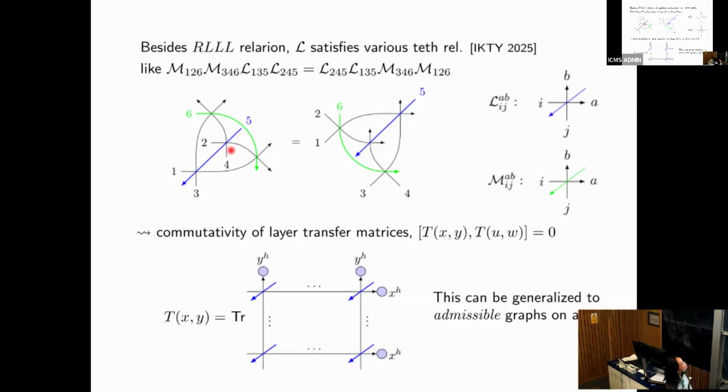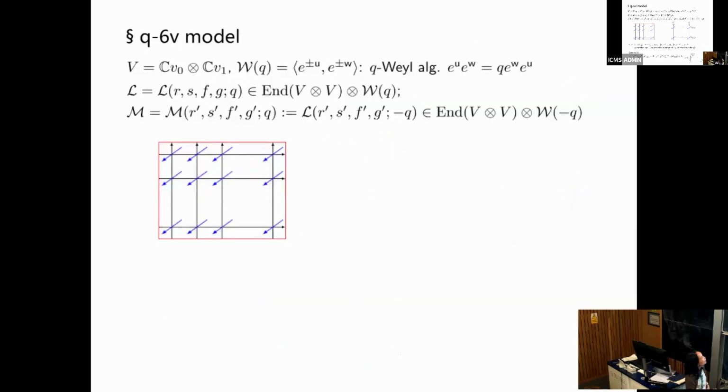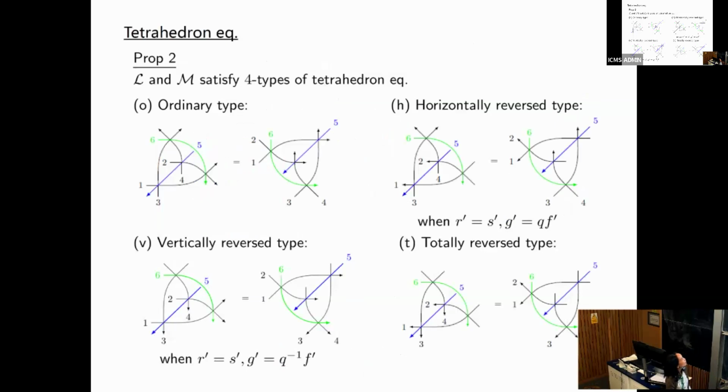So all arrows are outgoing. So 1, 2, 3, 4 is the order. So in this way, you can write down the relation MMLL something by following the direction of arrows. So sometimes it is not well ordered, so we have to be careful to write it down.